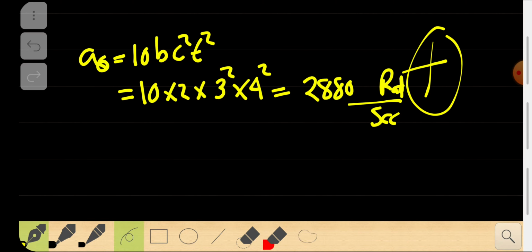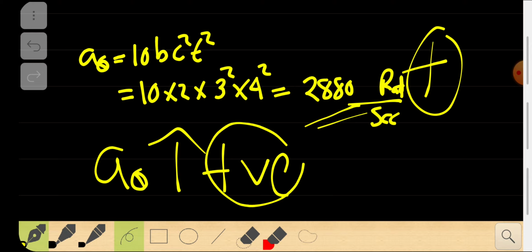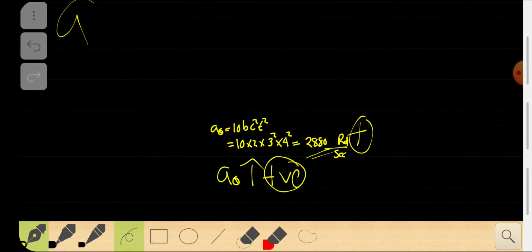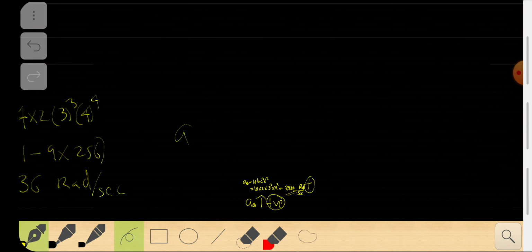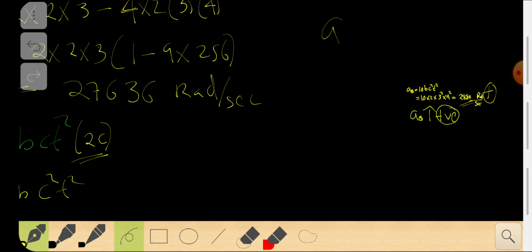We are not going to calculate everything. We are just going to look at the trajectory. So we found out the value, and A theta is a huge number with a positive sign. It's increasing. Acceleration is very high, and it's increasing from the start. Now AR, when we did AR, I made a small error.